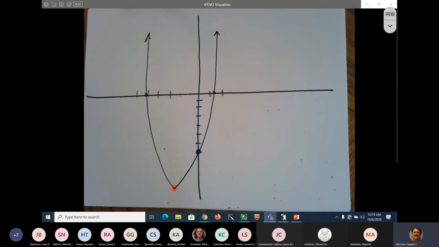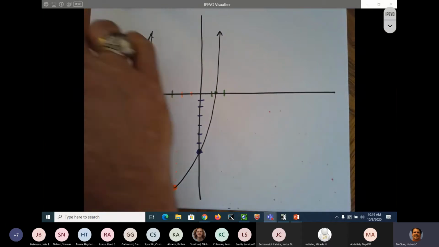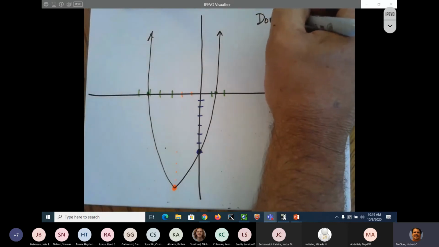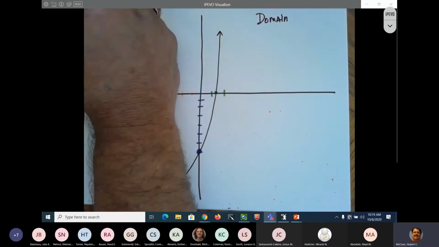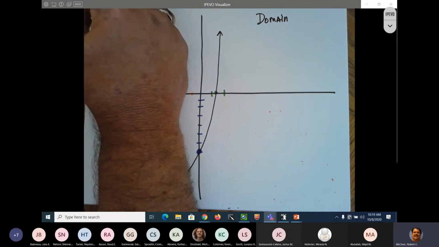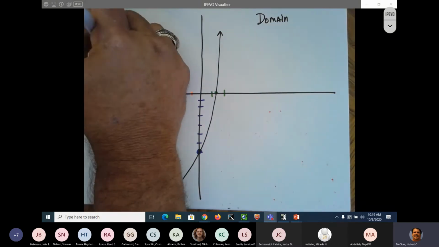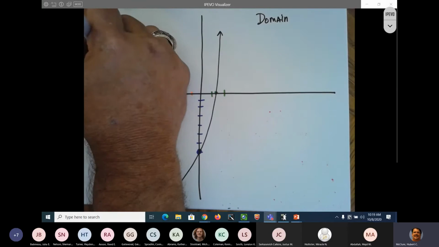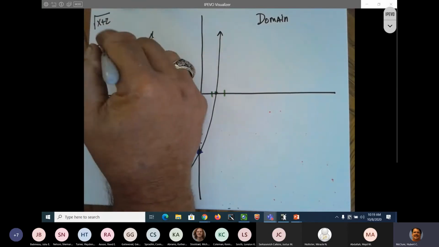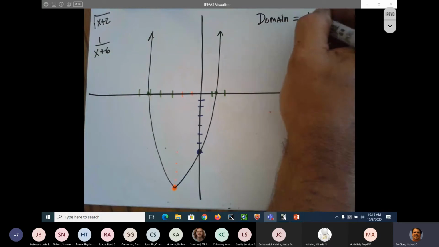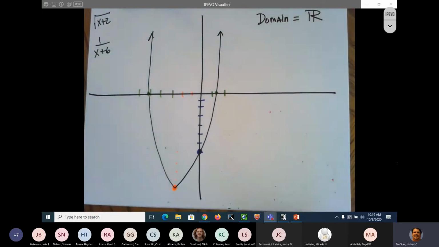And our domain: unless you have a radical like the square root of x plus 2, or 1 over x plus 6, or a log, your domain pretty much is going to be all real numbers.